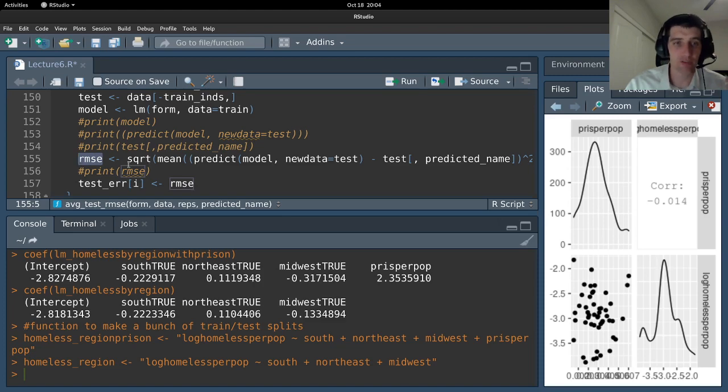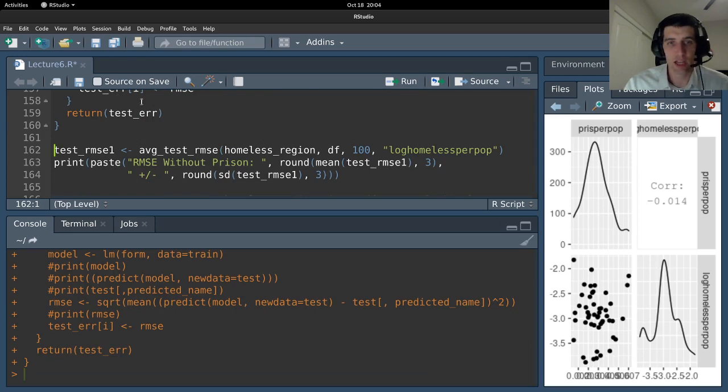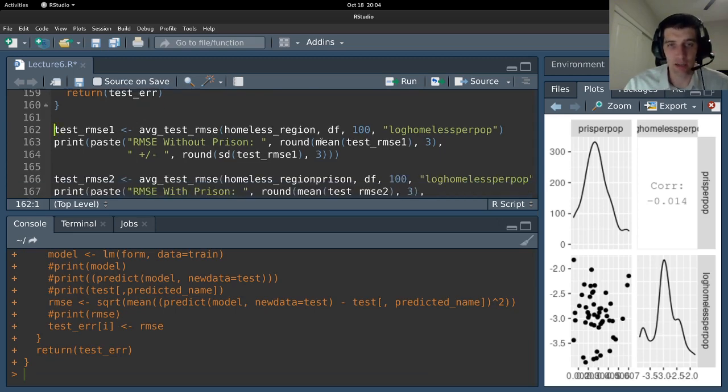So it's going to have a bunch of test RMSEs for a bunch of train-test splits. For example, here I take 100 train-test splits. I have testing root mean squared errors for those 100 splits. I'm going to take the mean and the standard deviation, and that will give me some idea of the typical test root mean squared error, and how volatile it is.